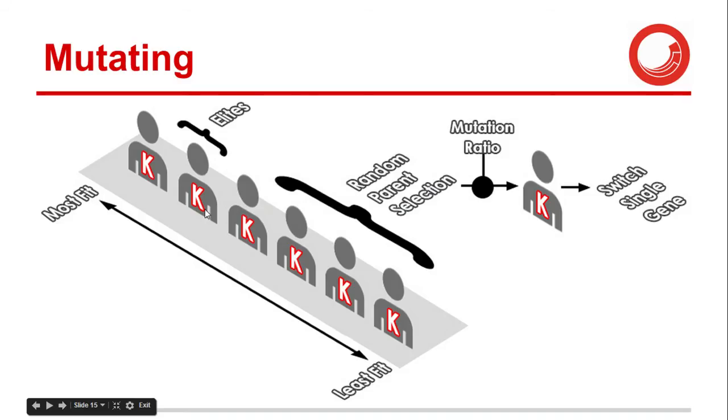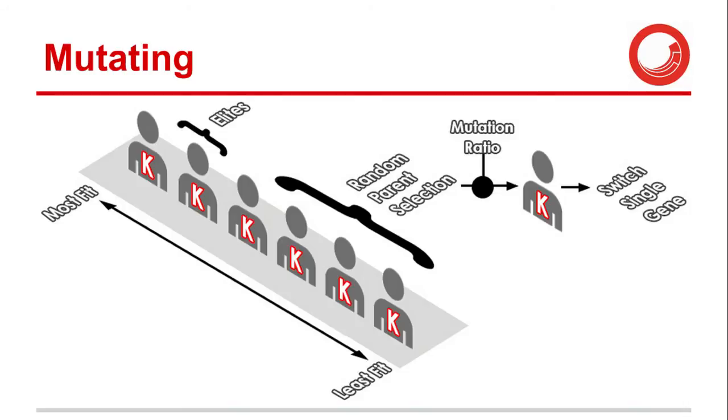Mutating is also part of this, so that it creates a certain level of variability. You don't necessarily want a high mutation rate because it will cause instability, but it does still create some variation. And sometimes when you don't want something to get stuck, that variation is good.